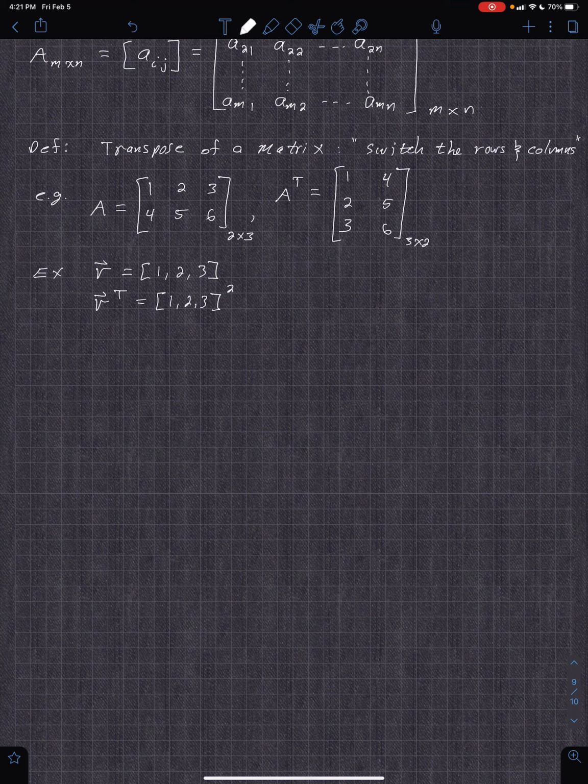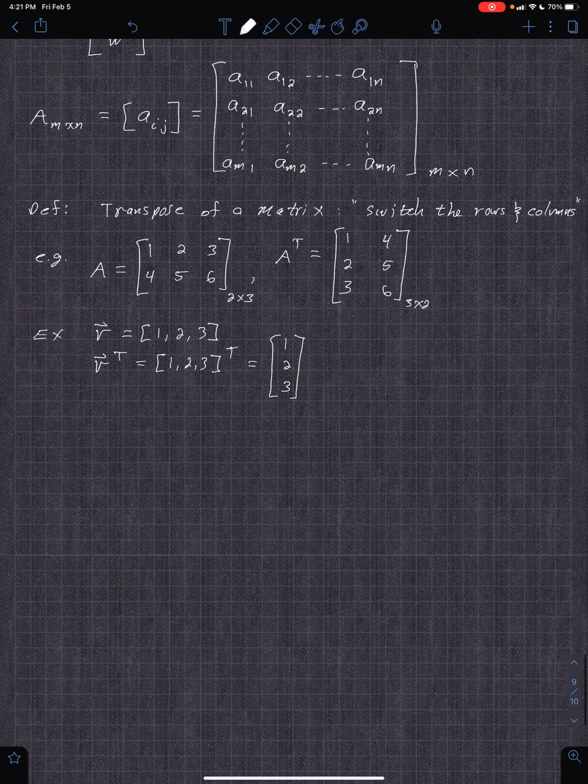So that transpose will just go across, equals 1, 2, 3 as a column. So once you do the operation, then you go to the next spot.